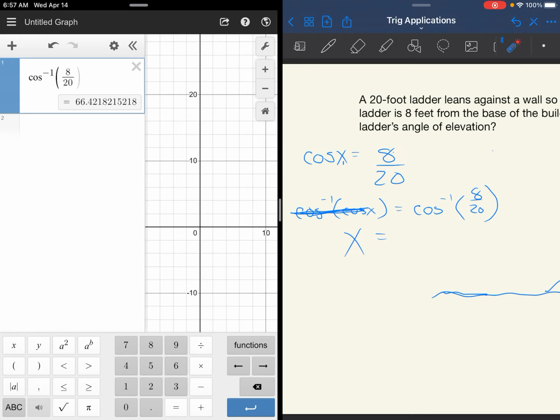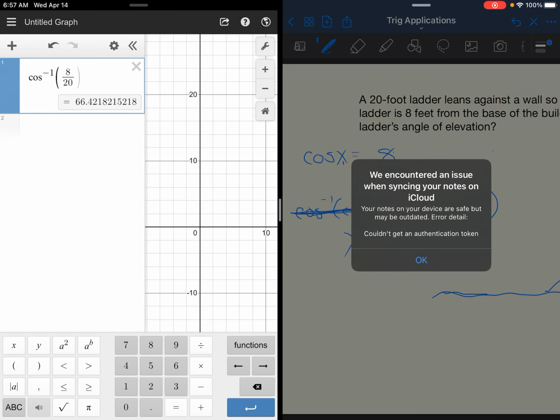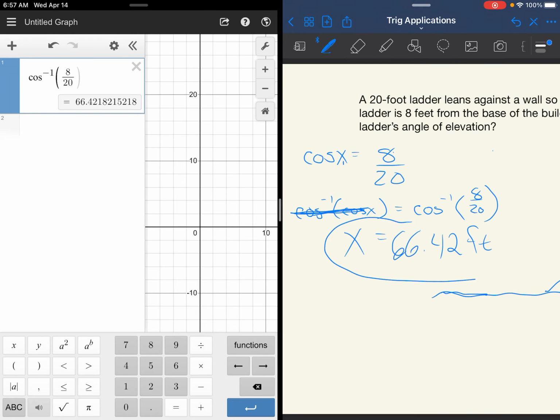So my answer is going to be, let me switch to my pen, 66.42 feet. I'm sorry, that's not feet. We were looking for the angle. That's my fault. So that angle is 66.42 degrees. I forgot we were looking for the angle. Okay, so that gives us my angle. The angle is going to be 66.42 degrees.